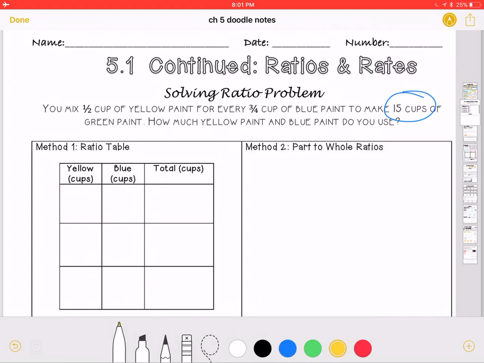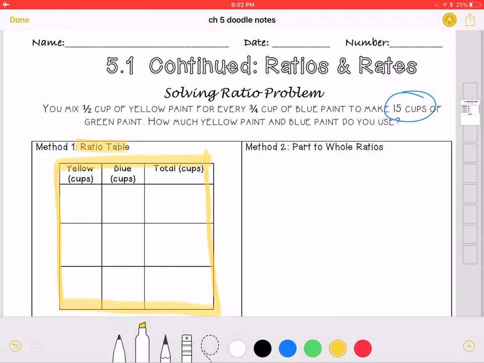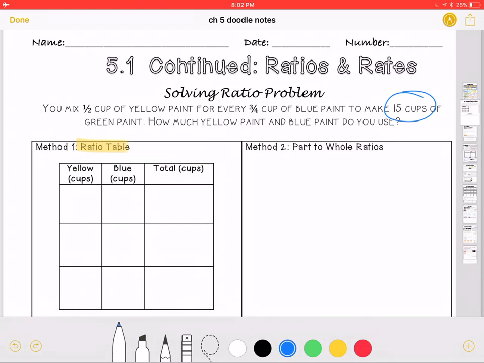So our first method, one way to do this, is to create a ratio table, which I've already set up and created for you. But if you were going to choose this method on your own, you would have to know how to set up and create a table like this. The number of things that you're mixing, you'll always have that many rows.